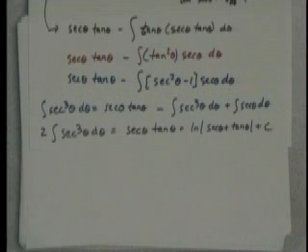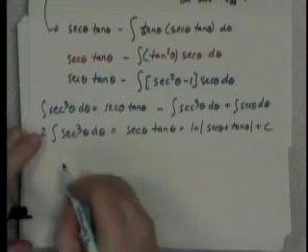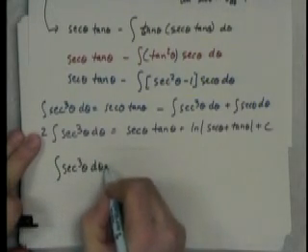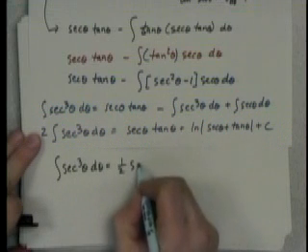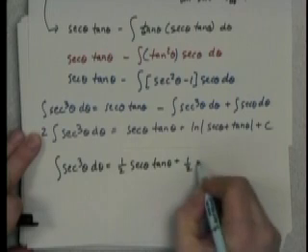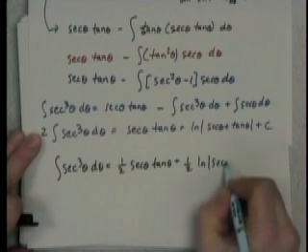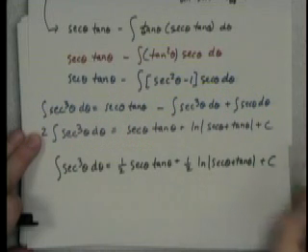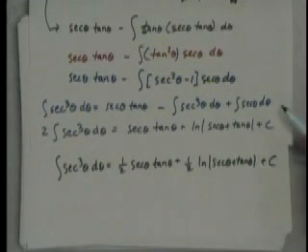And then I'm going to divide everything by 2, plus an integration constant. Since you don't know what the constant is, dividing by 2 doesn't change the fact that it's an unknown constant.